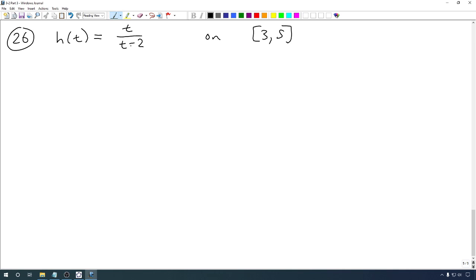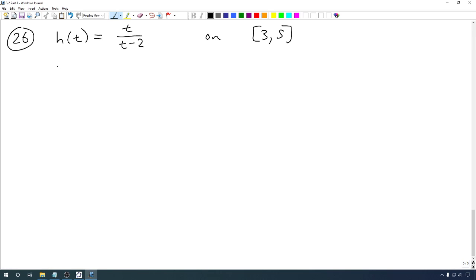Well, of course, the only problem is if the bottom is 0, if t equals 2. And 2 is not in this domain. And it is not in this interval. So this function is in fact continuous from 3 to 5. So we are guaranteed that we do have a maximum and a minimum. And it's our duty now to find out what those are.